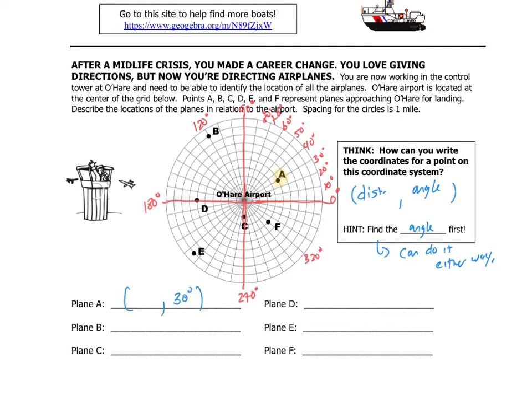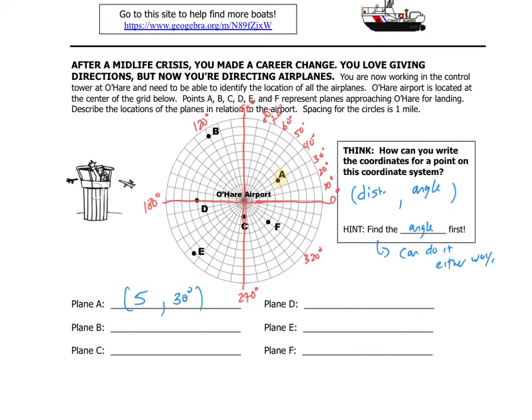And then how far is it from the pole? So now we have to count. And we were told that each circle is 1 mile. So we're going to count out. So A is on 1, 2, 3, 4, the 5th circle out. So it's at a distance of 5 miles at 30 degrees.